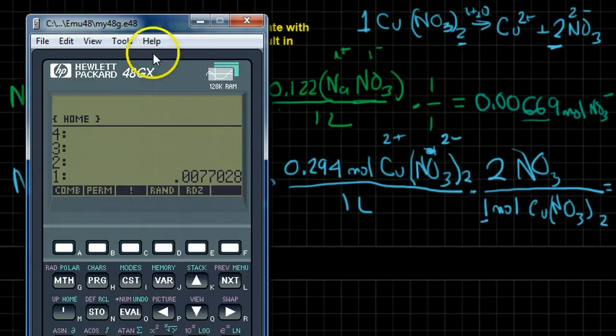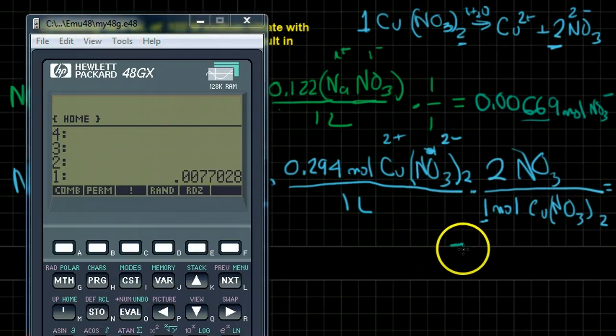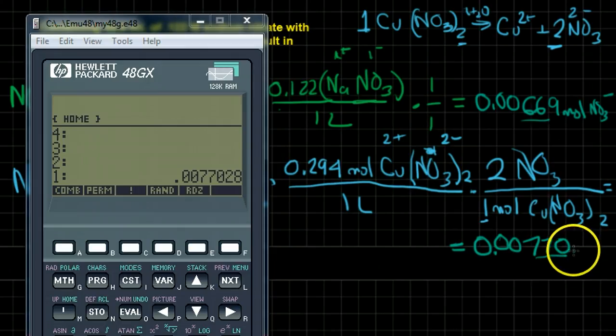And my final answer on this half is 0.0770. So we'll just write it right here. This gets me 0.770 to 3 sig figs, right? Moles of nitrate.